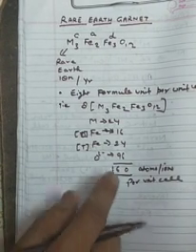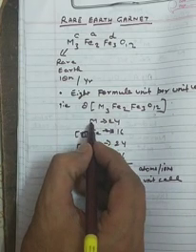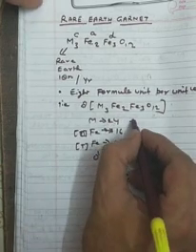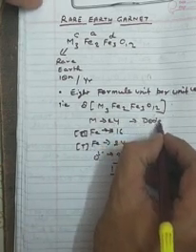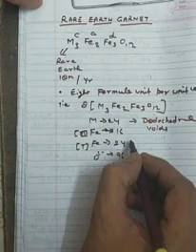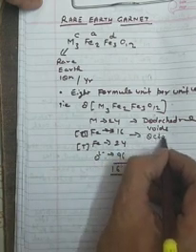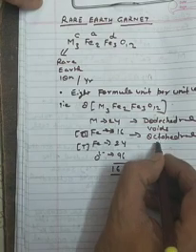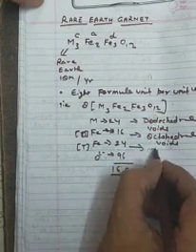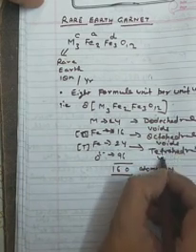Already I told you that M stands for rare earth ion or yttrium ion, so they will occupy the dodecahedral sites. This will go to the octahedral sites, and this will be the tetrahedral sites.